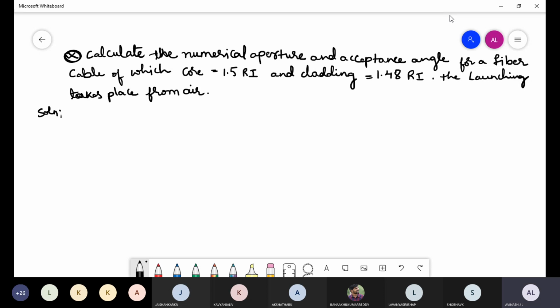First you copy down the question and write what are the given things. I'll give you 1 minute of time. By that time, all of you write down the question, write the given terms, and write what is to be found out.